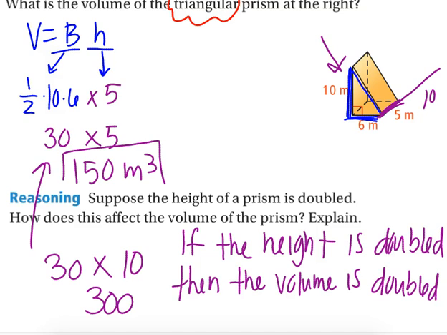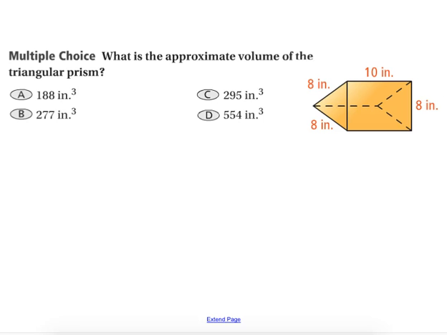Okay, good job, doing great. Multiple choice, what is the approximate volume of the triangular prism? All right, let's see what we have going on here. Let's use a brighter color. All right, so this is 8, 8, and they're telling us that this guy right there is 8, so there is another 8.